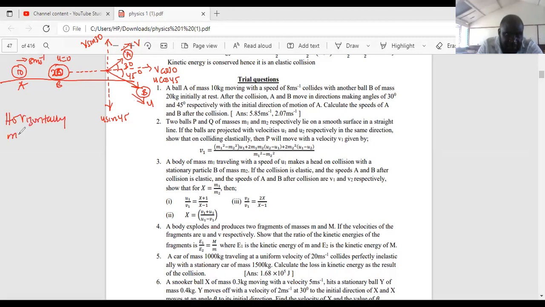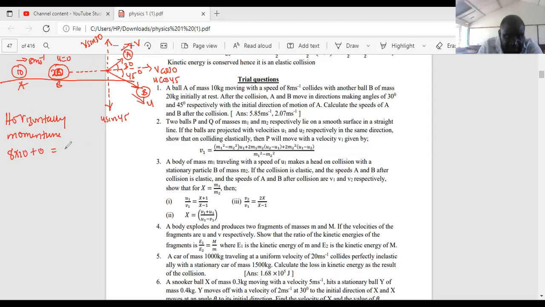we get momentum conservation horizontally. That is why when we are defining the principle of conservation of momentum, we say that the sum of momentum before and after collision is a constant in a given direction. Now, momentum will be, initially we had 8 times 10 plus 0.